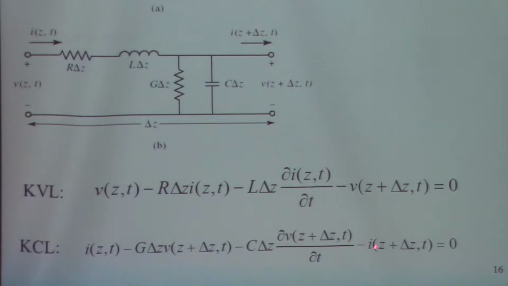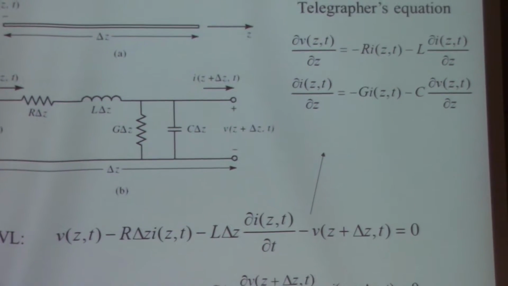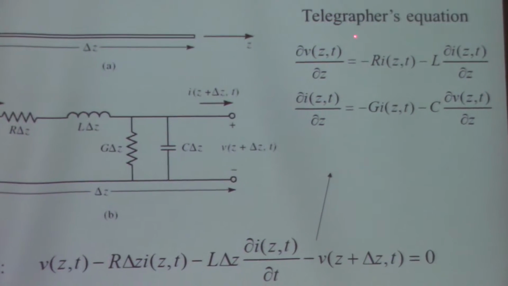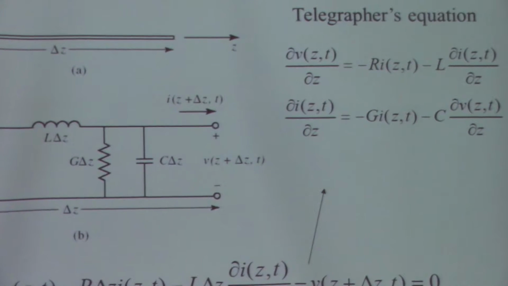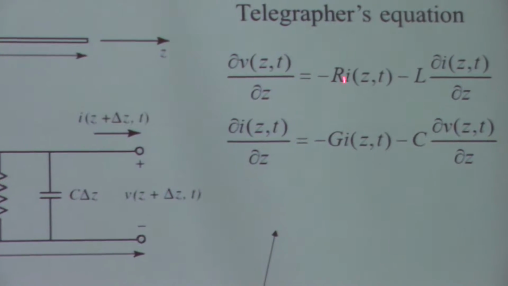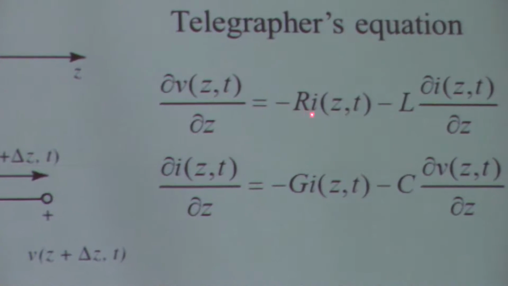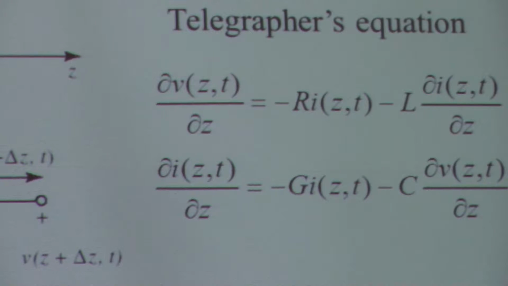And then you put them together. That gives you the very well-known telegrapher's equation. It describes the voltage and current with a relation to these line parameters, RLCG. They are related to the transmission line itself and the media surrounding the transmission line.